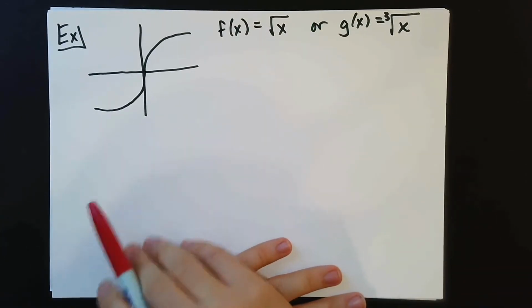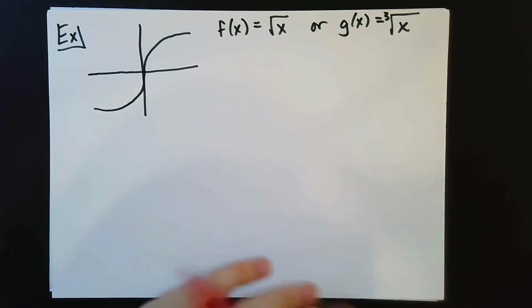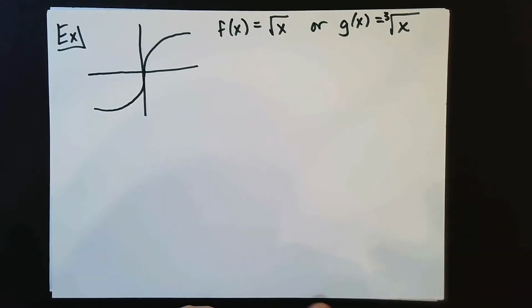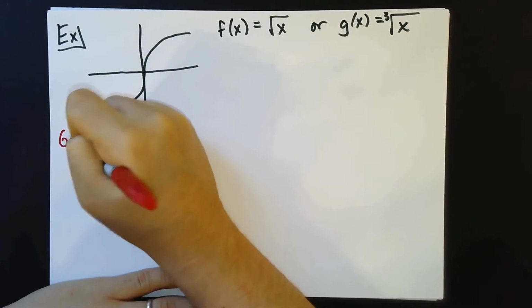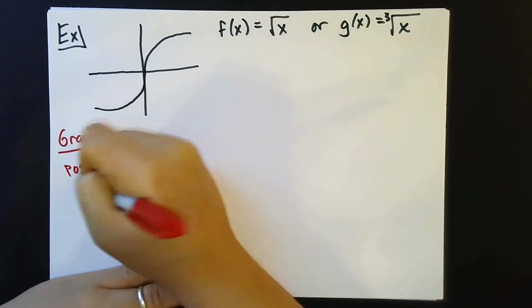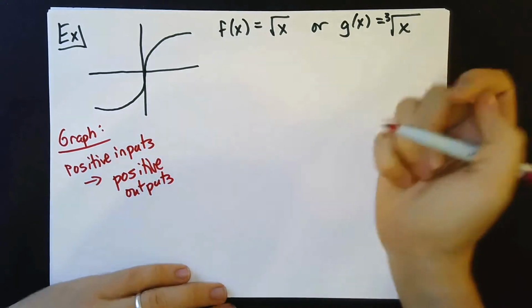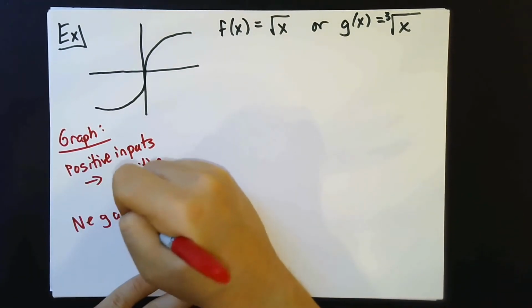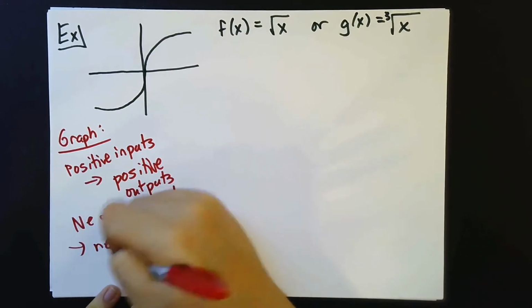Okay, so let's look at this graph. This one is pretty similar to the previous graph in that if I look again, positive inputs give me positive outputs, and negative inputs give me negative outputs.